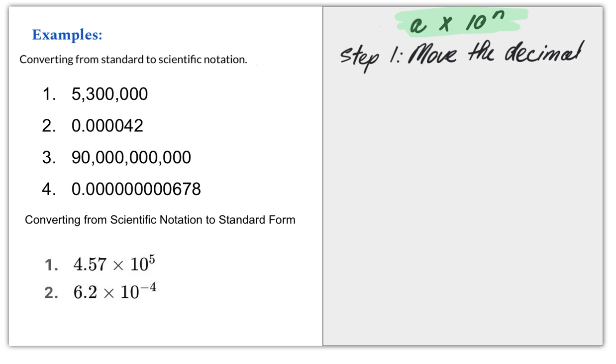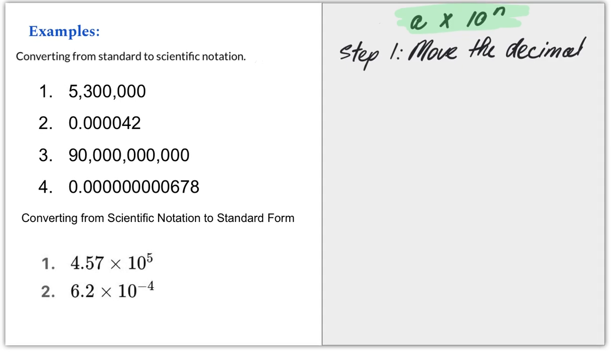I want you to notice one thing: when we're moving the decimal, a cannot be 10, so I'm going to write that a must be less than 10, and it has to be greater than or equal to 1. This is a very important distinction: we have to move the decimal as many times as it takes until the number is less than 10 and equal to or greater than 1.